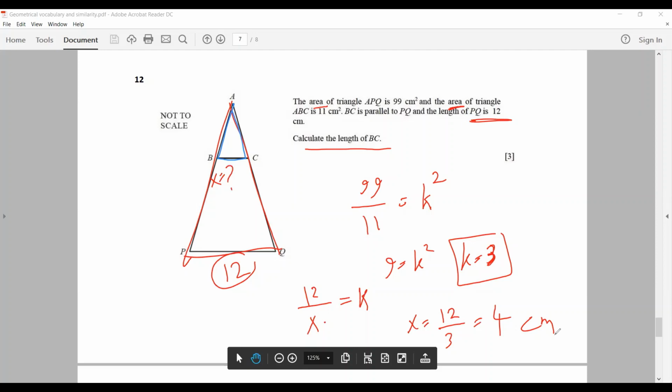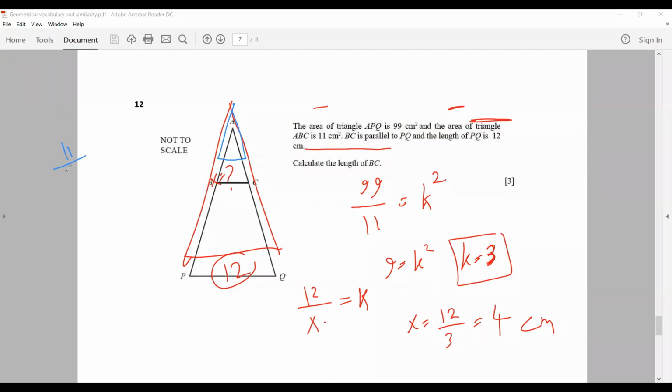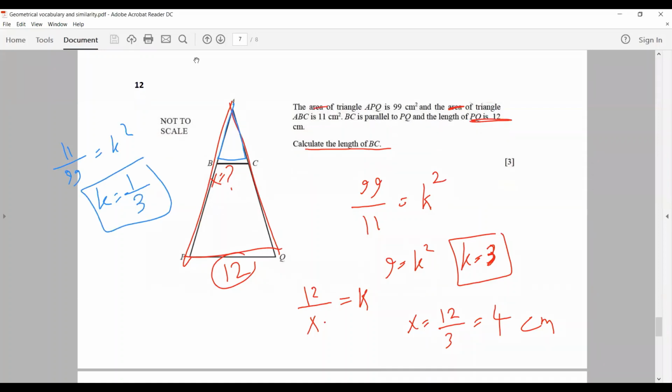So again, I repeat, because this is very important, it doesn't matter which way you arrange this fraction. At the end, you should get the same answer. Maybe quickly, I do that right here. Let's say student B divides 11 by 99 and puts that equal to k squared. Therefore, the k that he gets is 1 over 3. And then you want to compare these sides together.